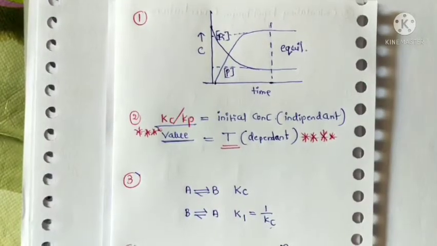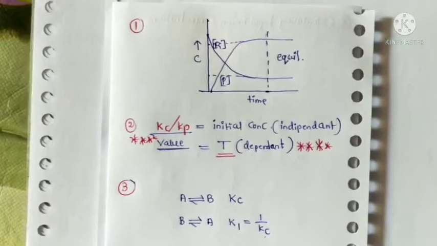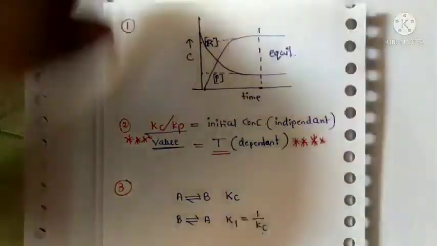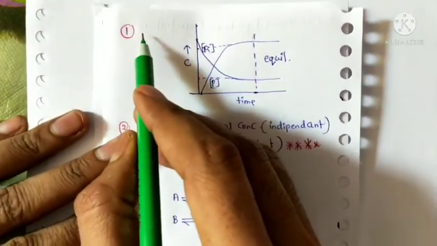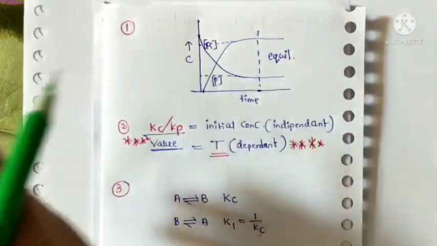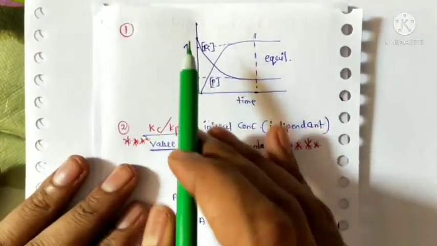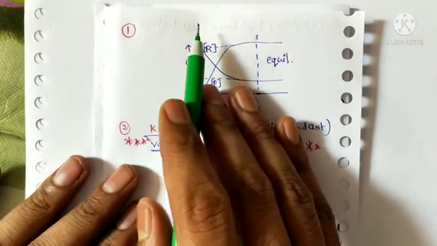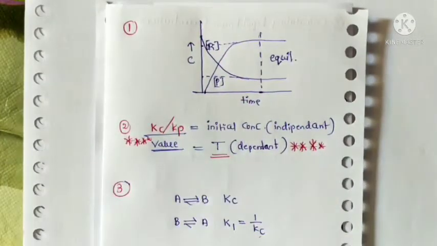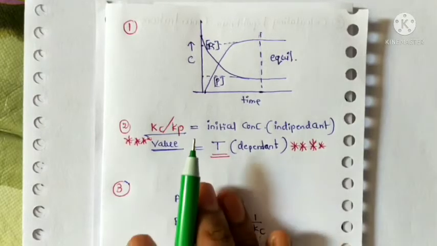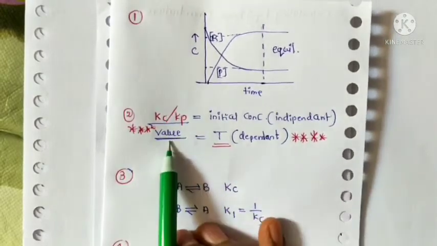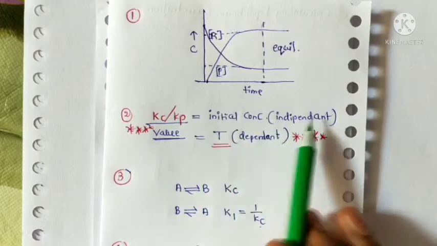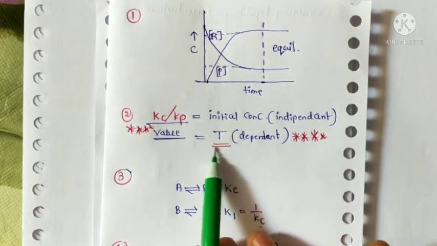So these are the important characteristics of equilibrium constant. First one is the equilibrium constant expression. We can write the equilibrium constant expression whenever the chemical reaction has reached equilibrium. And second, the equilibrium constant value is independent of initial concentration but dependent on temperature.